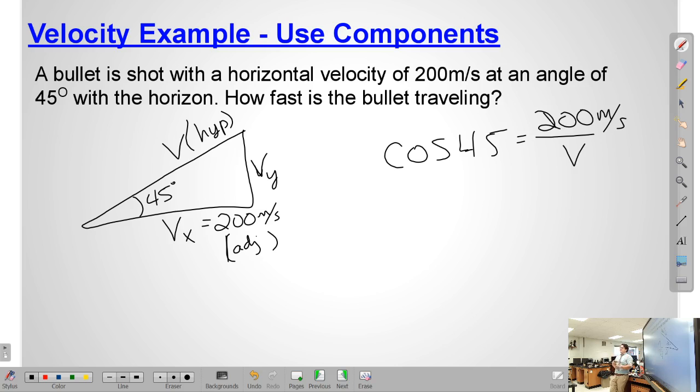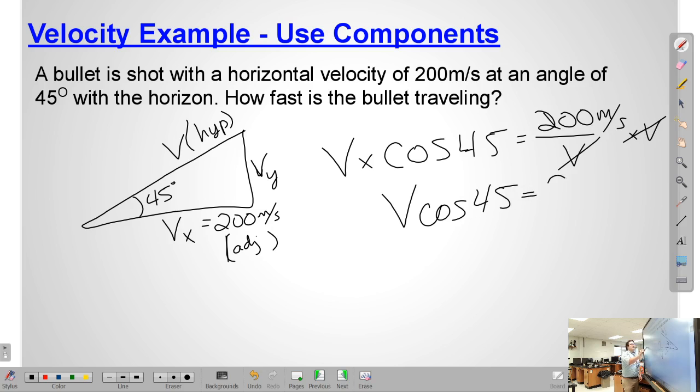What are you gonna do here? Okay. So you'll times v to both sides. Sure, fantastic. So you'll do cosine 45 divided by 200. Okay, as far as what I get to overall, so I got V cosine 45 equals 200 meters per second.